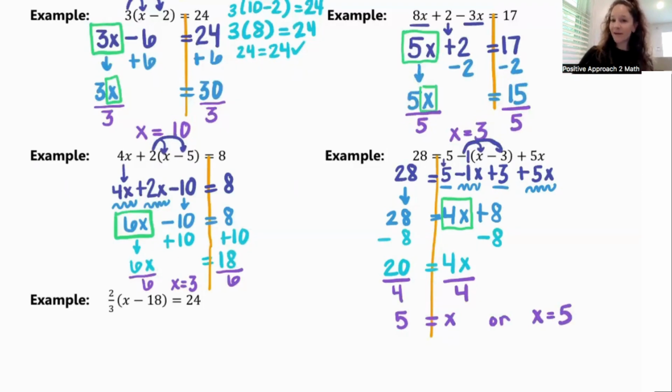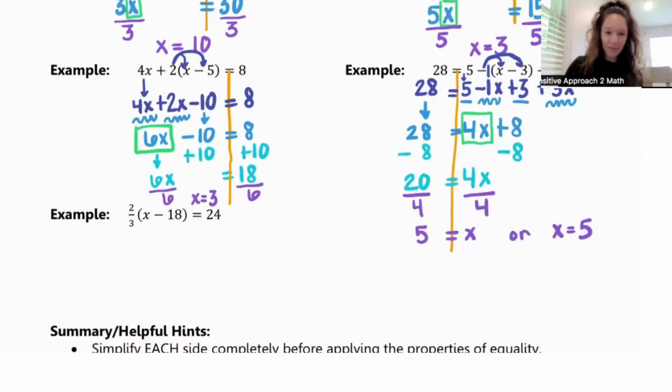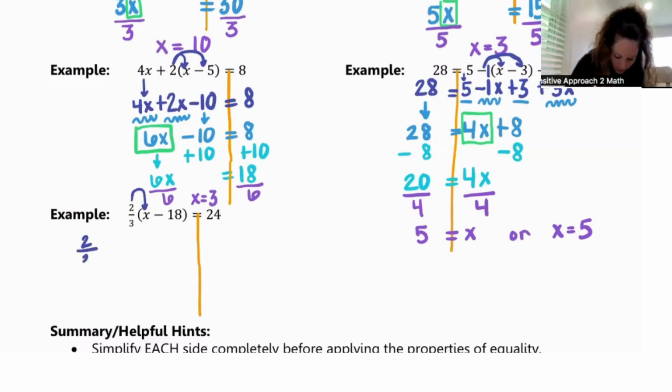Cool. Okay, last example here. We are going to draw our line down the equal sign. The only difference here is we're distributing a fraction. And we've done that when we went through our distributing practice. So that's going to give us 2/3 times x. So I'm going to write that as 2/3 x glued together there.